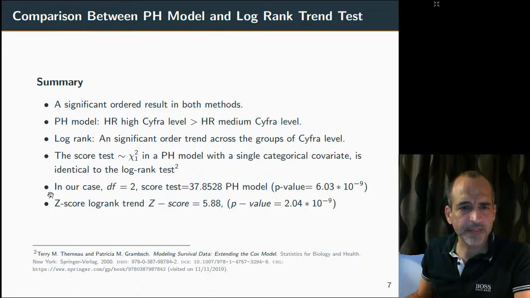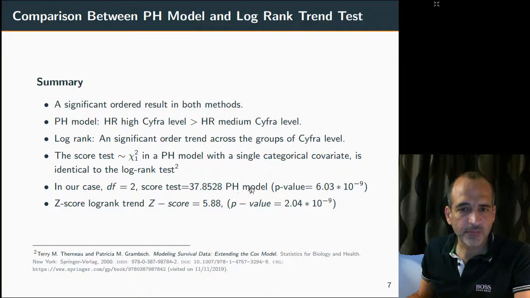Also, we know that the score test, which follows a chi-square with 1 degree of freedom, in the proportional hazard model with a single categorical covariate is almost identical to the log-rank test according to this author. In this case, we don't have 1 degree of freedom, we have 2, because the categorical variable has 3 levels. And of course we can check if there is some connection, and we have that.